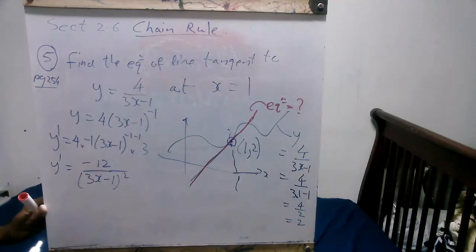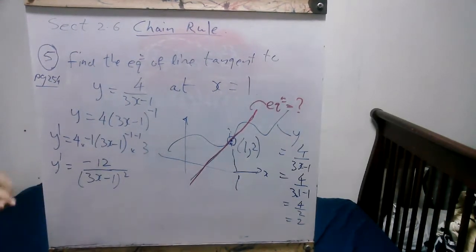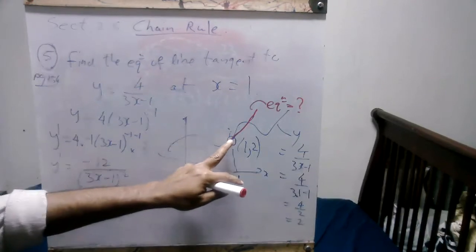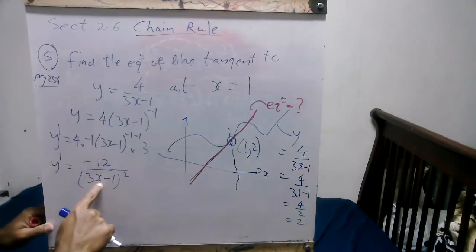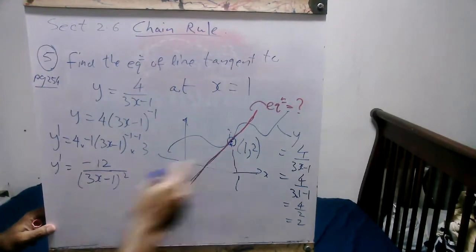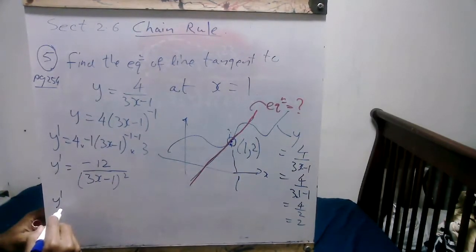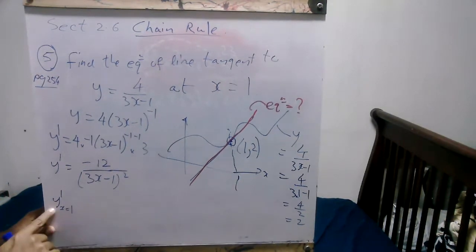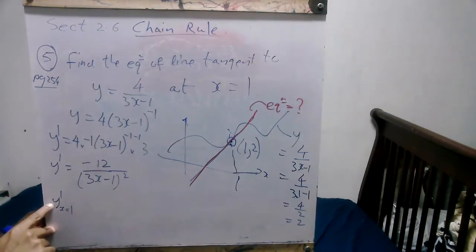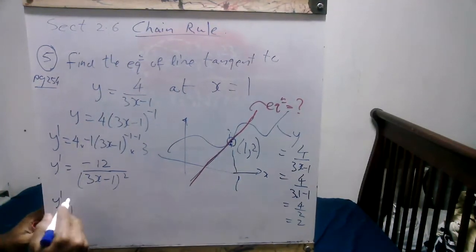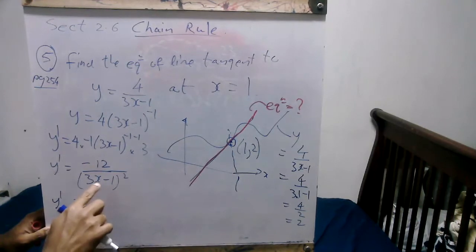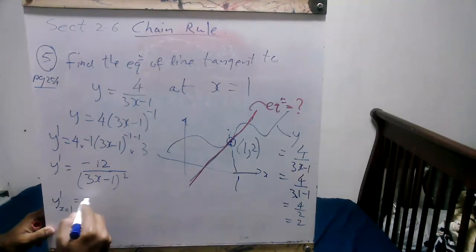Then we want the derivative at this point. That means y dash when x equal to 1. What does this mean? Y prime when x equal to 1. To get that, we simply substitute 1 here.